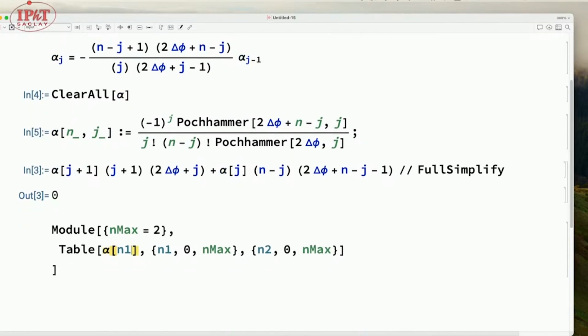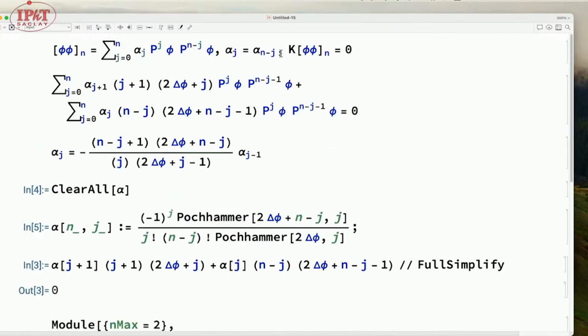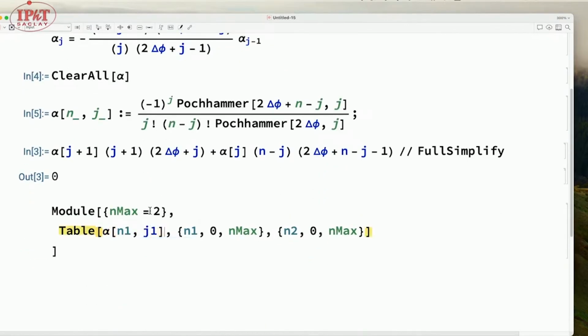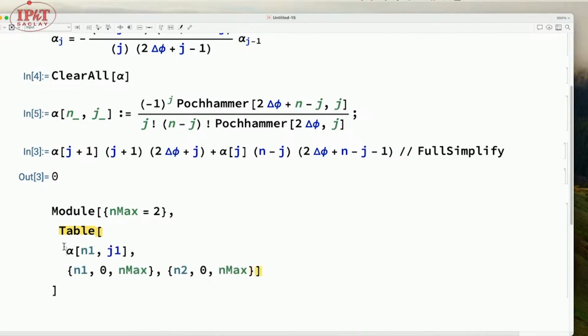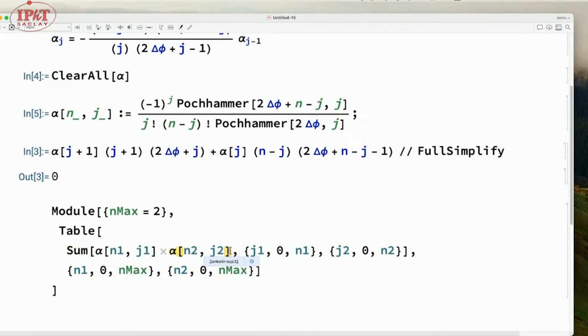So here we have a double sum over j1 and j2, because we are inserting two of these operators phi. This is just a table for now. We should be summing over j1, which goes from 0 to n1, and over j2, which goes from 0 to n2. And the coefficients of the sum are just the product of two alphas, one for each of the two operators.